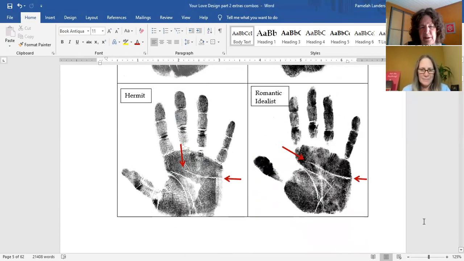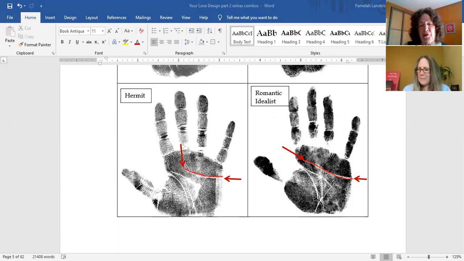The hermit and the romantic idealist are both straight heart lines. Love lines, we can certainly call them love lines, where this one is straight and goes all the way over to the index finger. That's the romantic idealist. And the hermit is straight but goes to the middle finger.